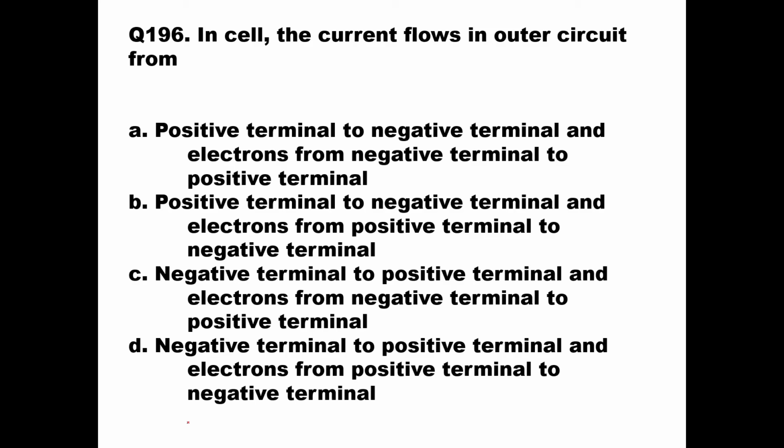And option D says negative terminal to positive terminal. This is also wrong. So in a cell, the current flows from positive terminal to negative terminal in the outer circuit. Okay. And electrons will obviously flow from negative terminal to positive terminal. Clear? So option A will be the right answer here. Then we'll go to the next question.